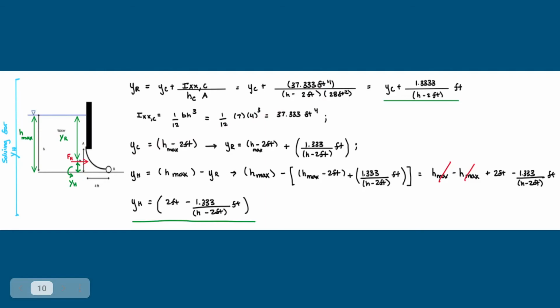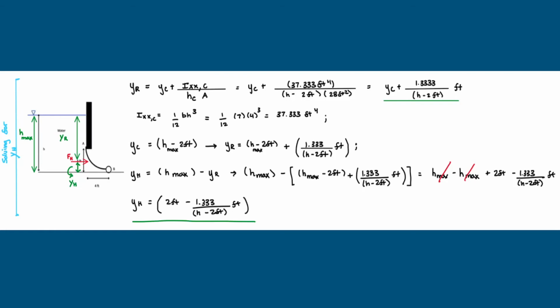Well, IXX, or the second moment of the area about the centroid of the vertical projected surface, is going to be calculated by the equation 1/12 times b h cubed. According to the coordinate axes that I displayed earlier, our base will be 7 feet and our height will be 4 feet.